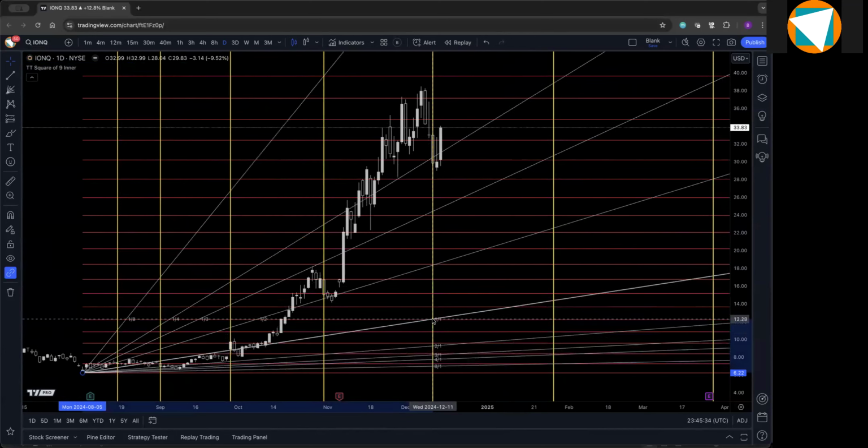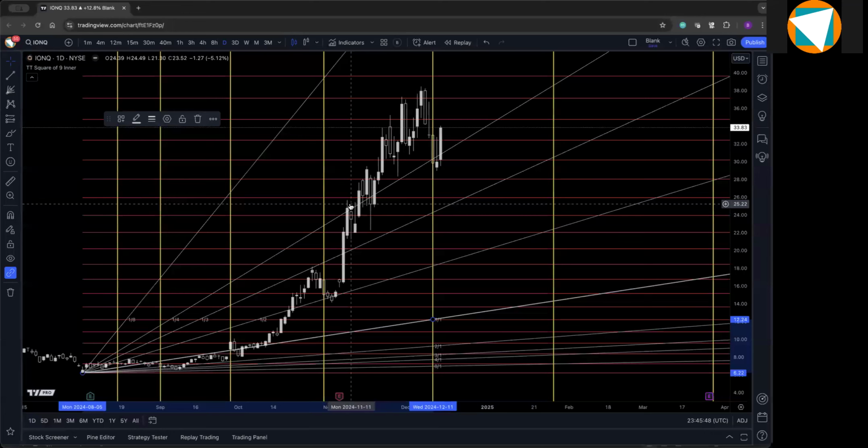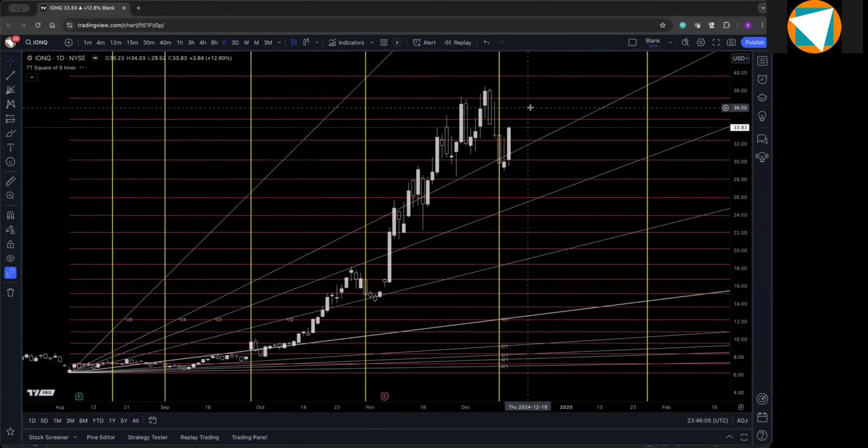And again, this is really good, right? We've got the 1-by-1 here. And we've got the resistance, support, resistance, gets through, goes up, and now it found support at the 1-by-4 up here. So again, this is a great example of there's no wrong Gann fan, almost like they all kind of work to some degree.